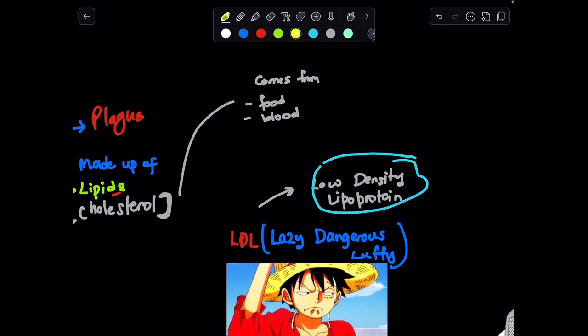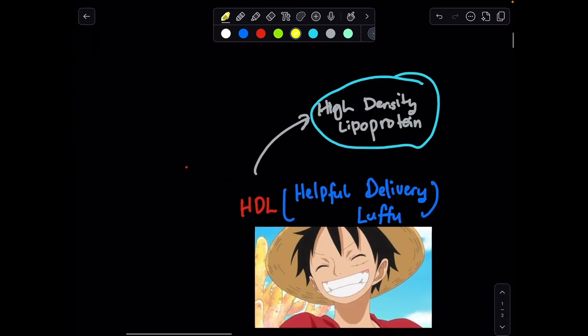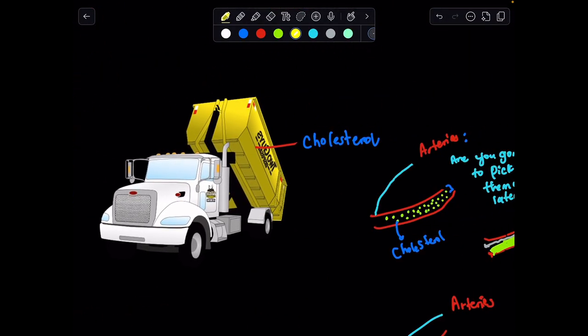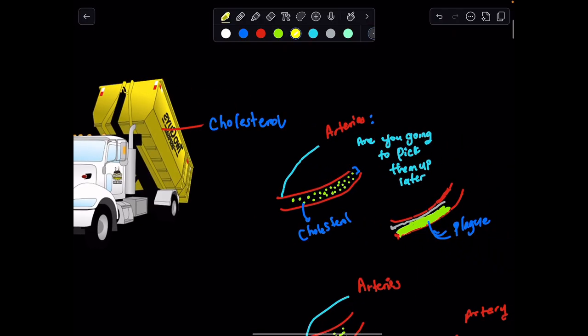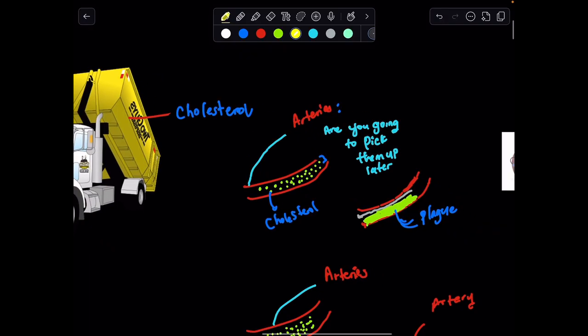We know the cholesterol comes from the food and it's in the blood. We know that we have two delivery drivers, lazy Lucy and helpful Lucy. We know lazy Lucy just picks it up from the body, drops it off in the arteries, and just leaves it there. And when you have more drivers dropping it off and fewer drivers picking it up, it stays there and forms a plaque, which is why we need a balance.